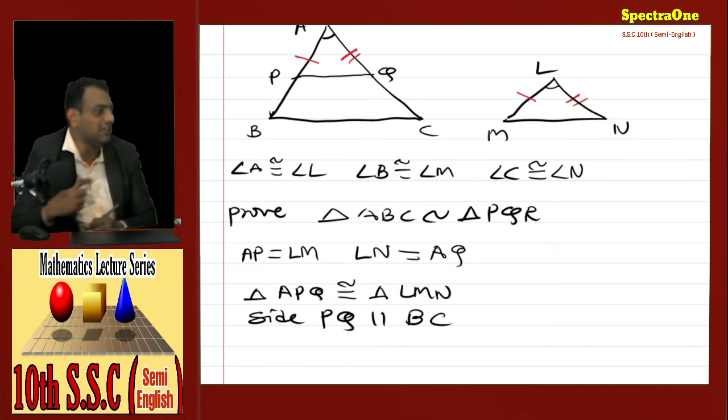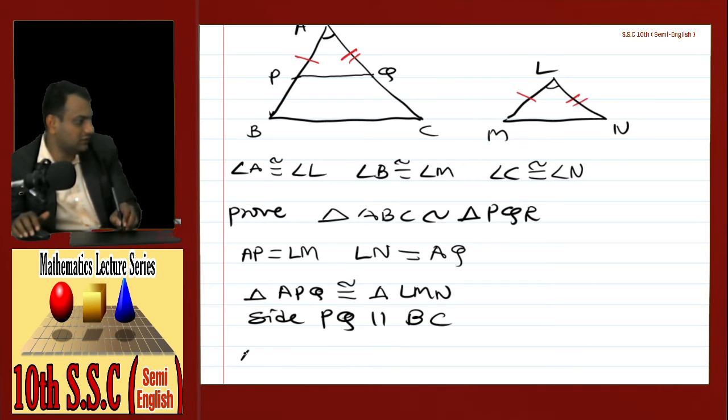So in triangle ABC, PQ is parallel to BC.